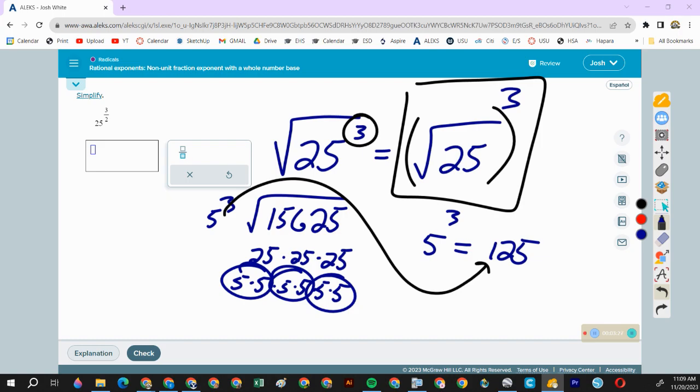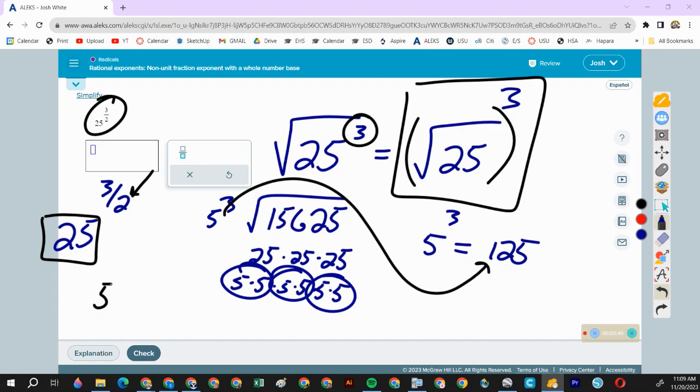Now, there's another way to do this. I just showed you 2 ways. Let's think about this. 25 to the 3 halves. Can 25 be split into 2 equal multiplications? Yes. 25 is 5 times 5.